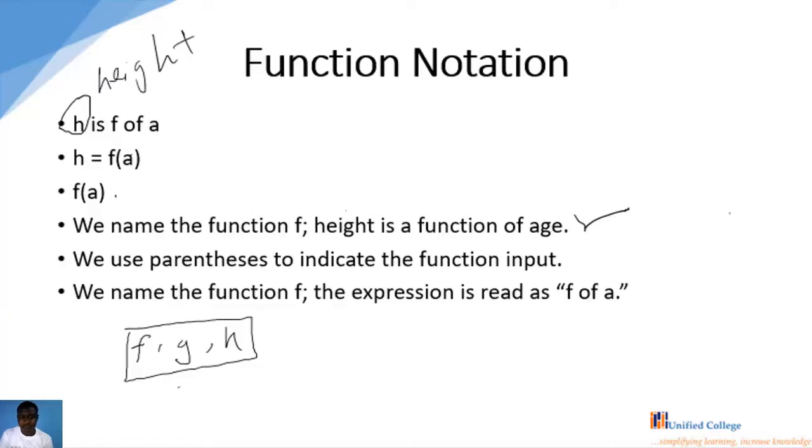Now we name the function f. Height is a function of age. Our height is h, our age is a.